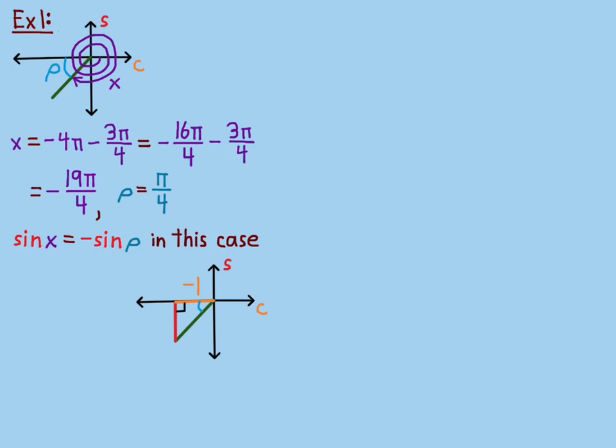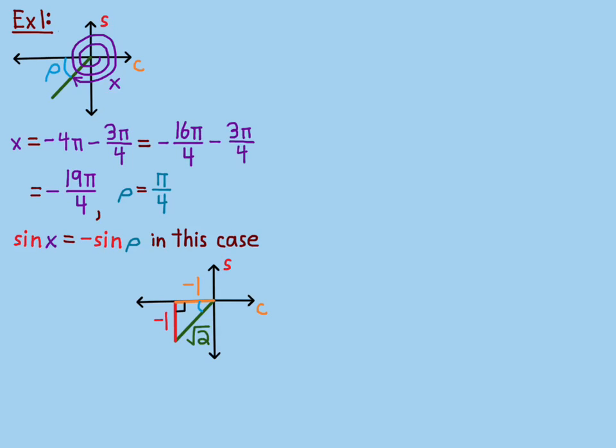I'm actually labeling it with the coordinates of this point here. That point there is going to be negative 1 comma negative 1. And so I just label these sides with the negative 1 and the negative 1. So in other words, they're not really distances there. They're kind of like signed distances. And then the hypotenuse is always positive, and that's going to be square root of 2.